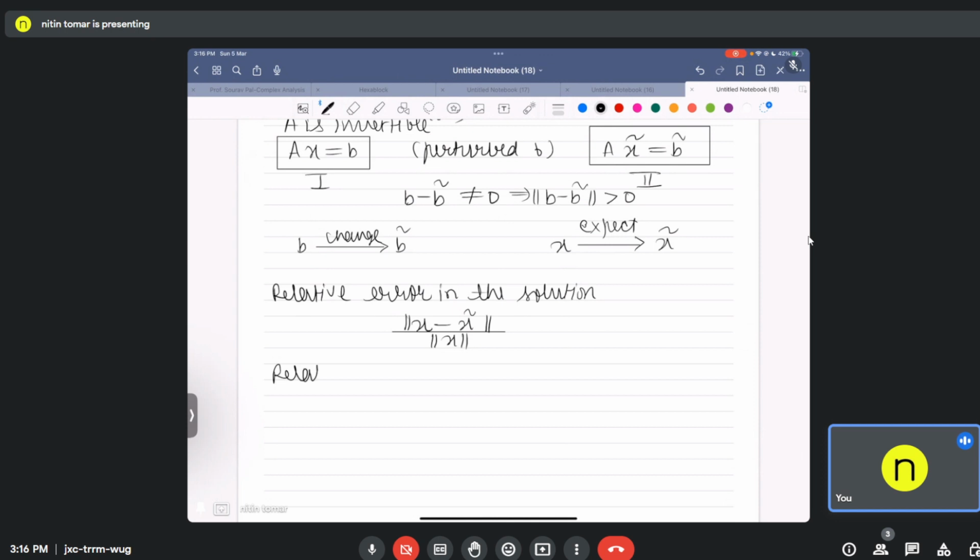But you already have one relative error in the right hand side vector. You had the original vector b, you changed it to b tilde.